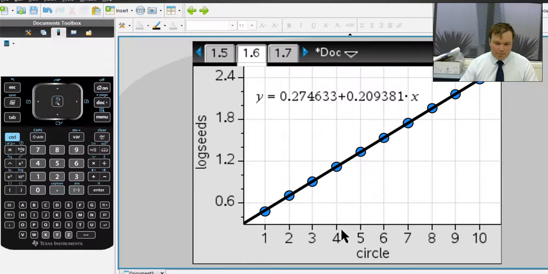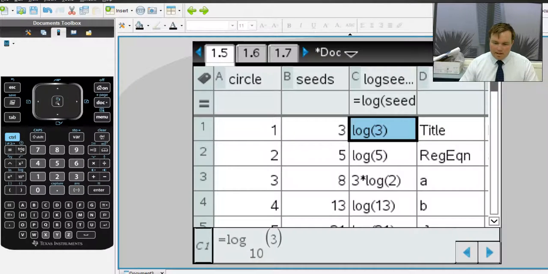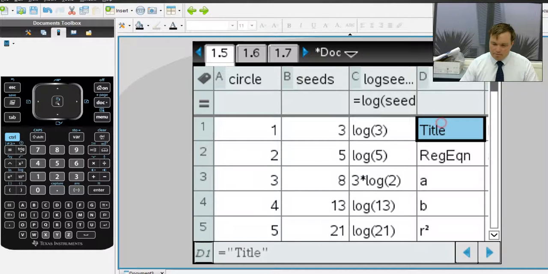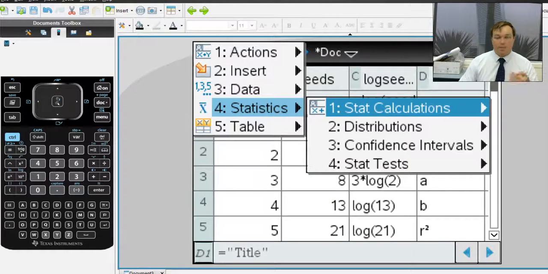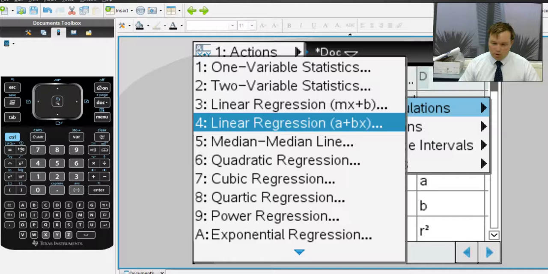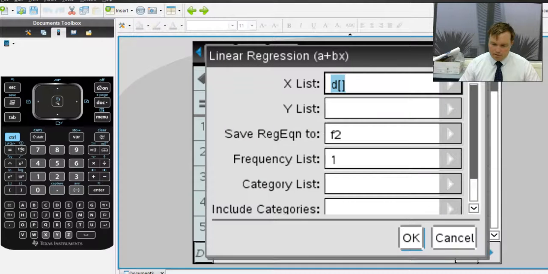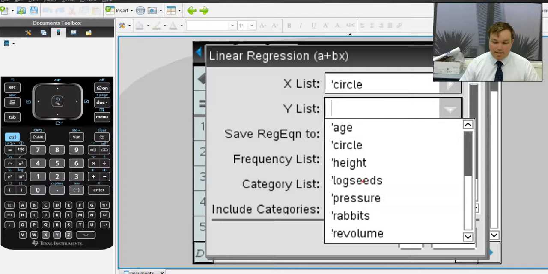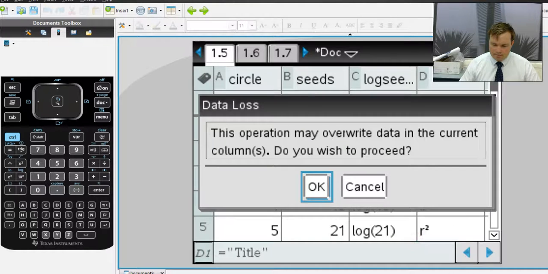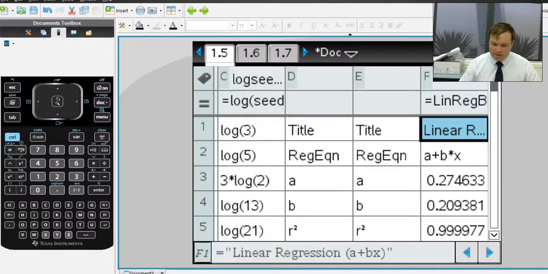So correlation coefficient once again is R. And here we're going to have to do the same stat calculations, but this time instead of the y values, we're going to use log y. X values is still circle number, y values is log seeds. We want to overwrite the original data we had.